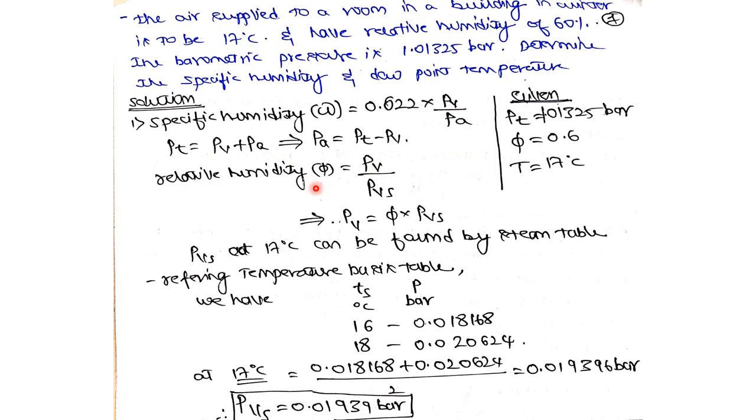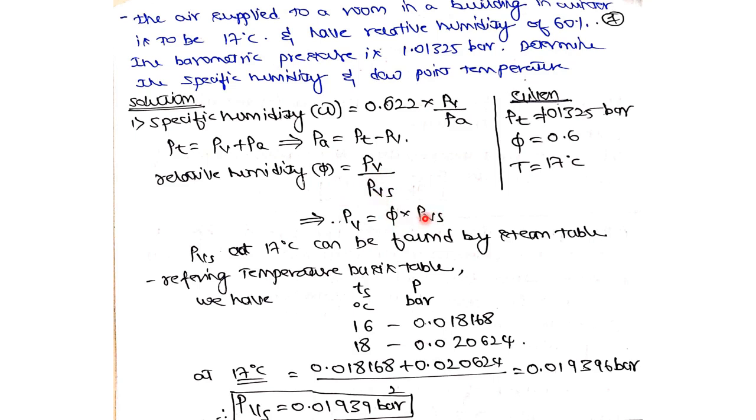So what does relative humidity state? Relative humidity is the ratio of vapor pressure to the saturated vapor pressure. To make it very simple, you can remember the relative humidity definition as the ratio of vapor pressure to the saturated vapor pressure. So from this, the pressure of vapor, PV, is given by phi times PVS, which is relative humidity into PVS.